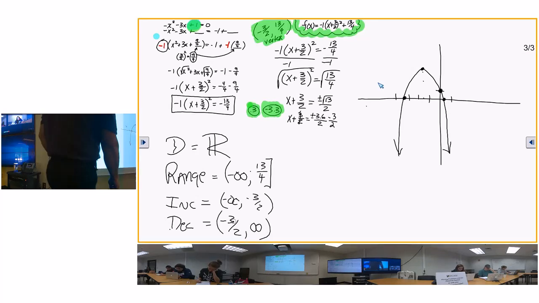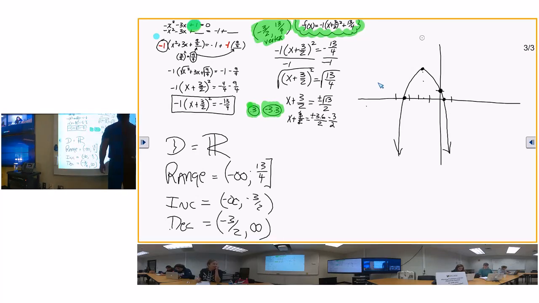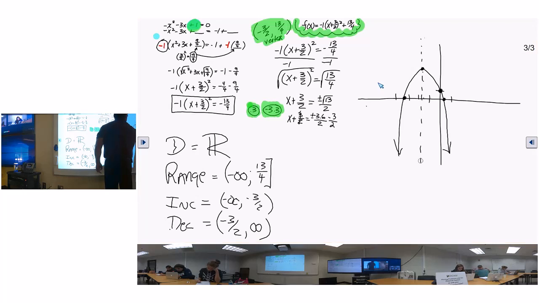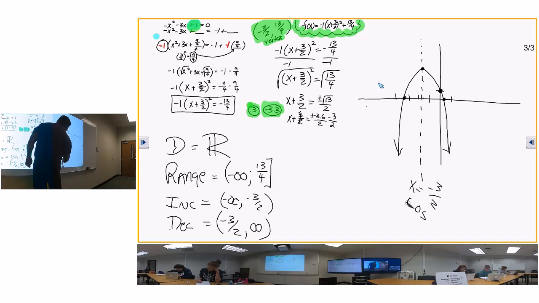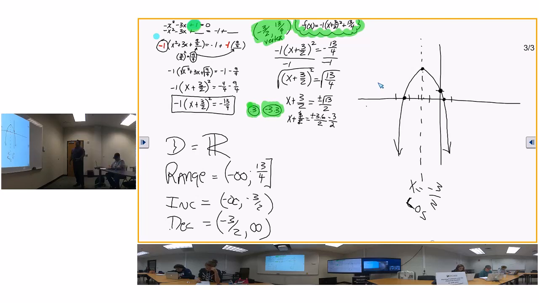And the line of symmetry always goes through the what? The x of the vertex. So the line of symmetry is x is equal to negative 3/2. And that's your line of symmetry if anybody ever asks. Maybe a standardized test. And that's how you do that question.